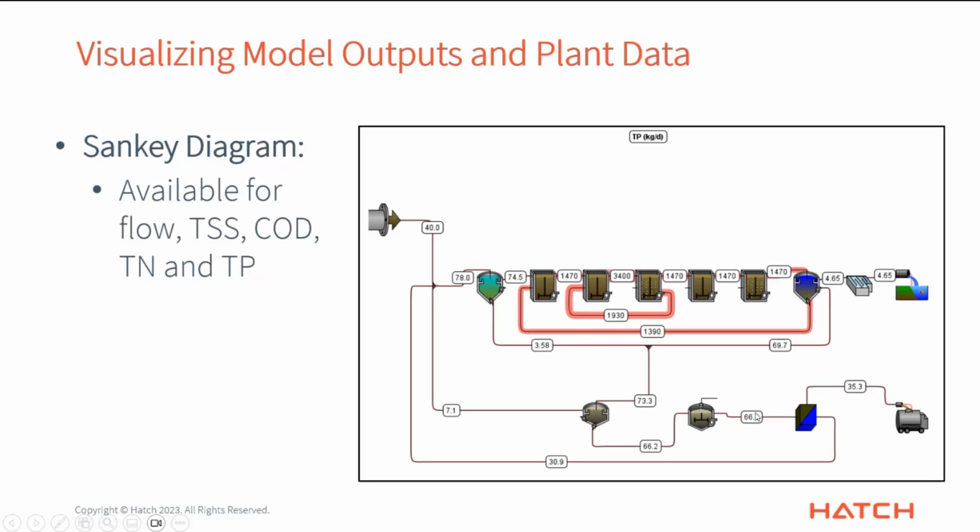We don't lose anything across the digester, of course, because it's phosphorus. It may transform, but it's still in the pipeline there. And you can ultimately see that when we get to the end here, of that 40, 4.65 kilograms goes out in the effluent and 35.3, all of the rest of it, is going out into the sludge. And that makes sense. This is a really nice way to visually represent the efficiency of capturing your phosphorus and sending it out with the sludge.